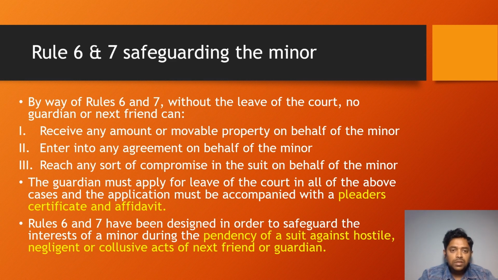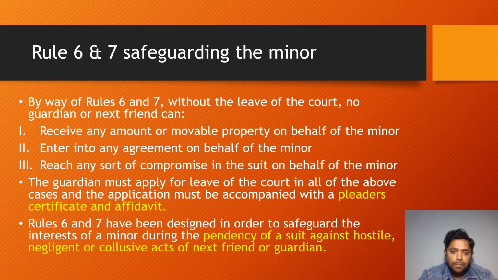Rules 6 and 7 give safeguards for the minor. By way of Rules 6 and 7, without the leave of court, no guardian or next friend can receive any amount or movable property on behalf of the minor, enter into any agreement on behalf of the minor, or reach any sort of compromise in the suit on behalf of the minor.